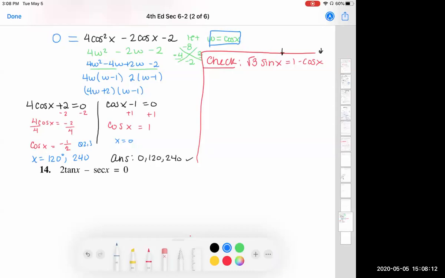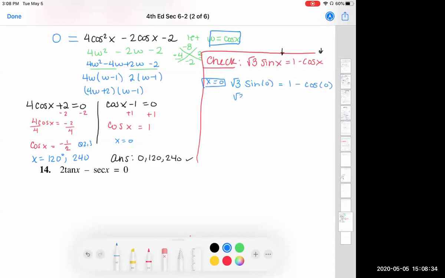Let's do the first one. Let's check 0. So we check it when x equals 0. We have square root of 3 times sine at 0 is equal to 1 minus cosine at 0. All right, at 0, sine is 0.